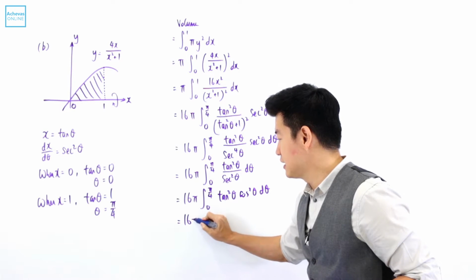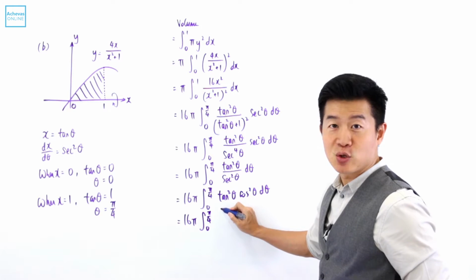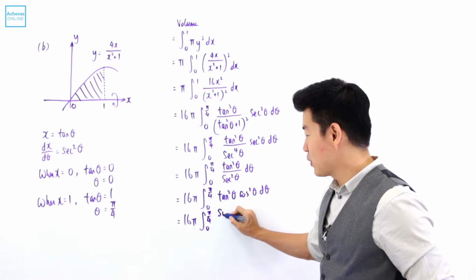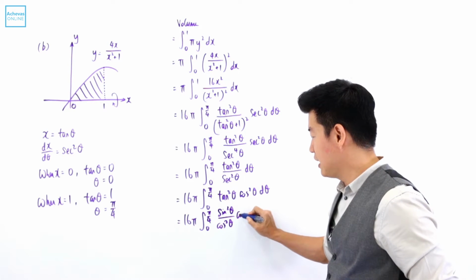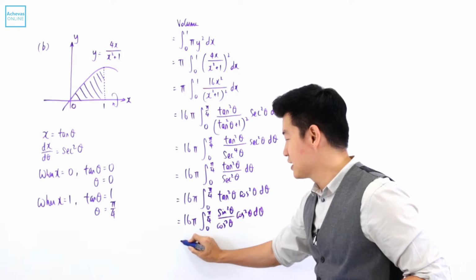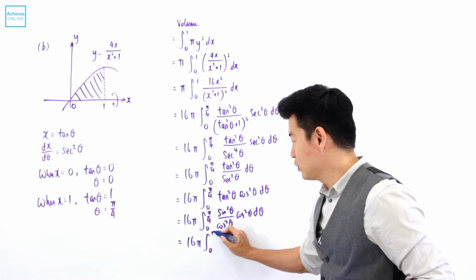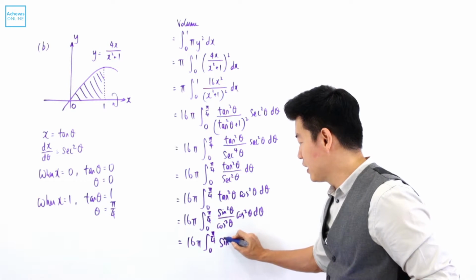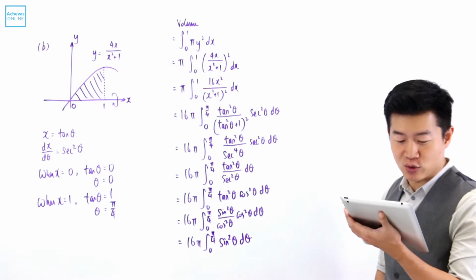And this is 16 pi integration from 0 to pi over 4 sine square theta divided by cosine square theta and cosine square theta d theta. Cosine square can be cancelled, so this is equal to 16 pi integration from 0 to pi over 4 of sine square theta d theta. And this is what the question wants us to show.